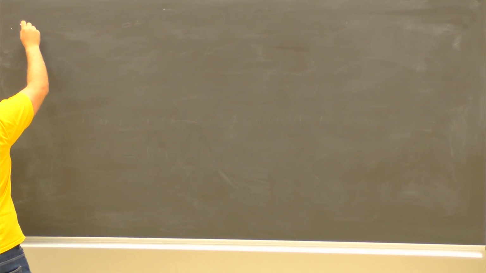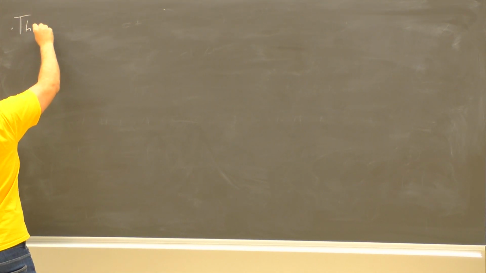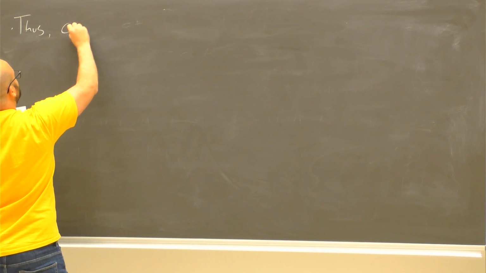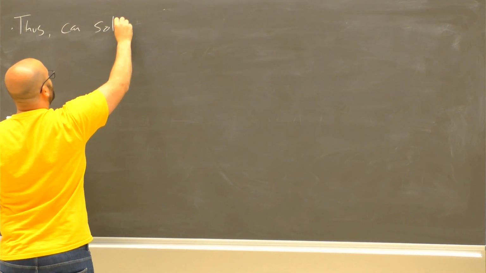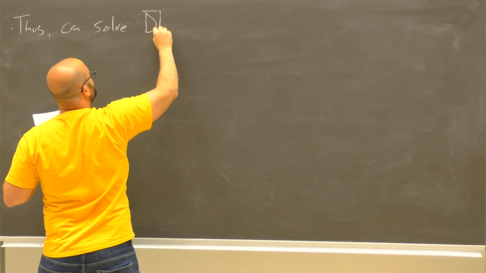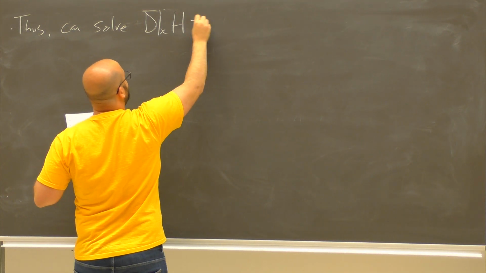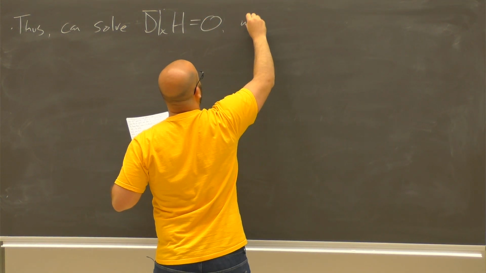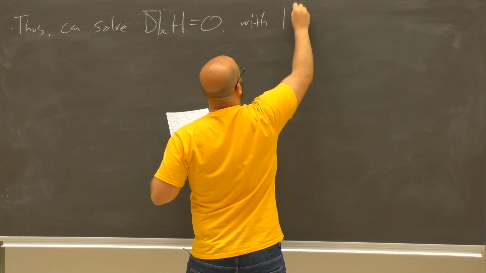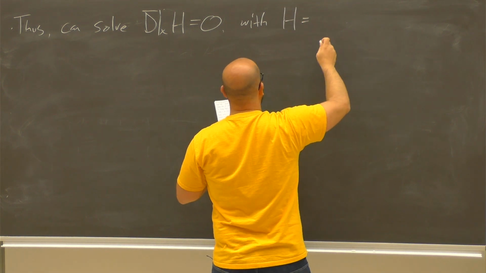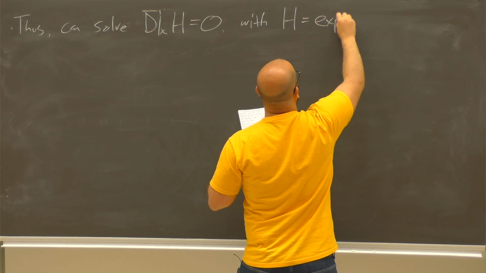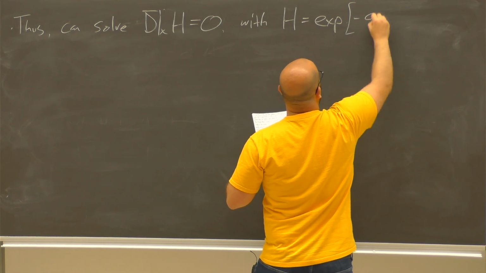So this means we can solve big D bar restricted to x of h is equal to 0 by taking the holomorphic frame to just be the exponential of this g.